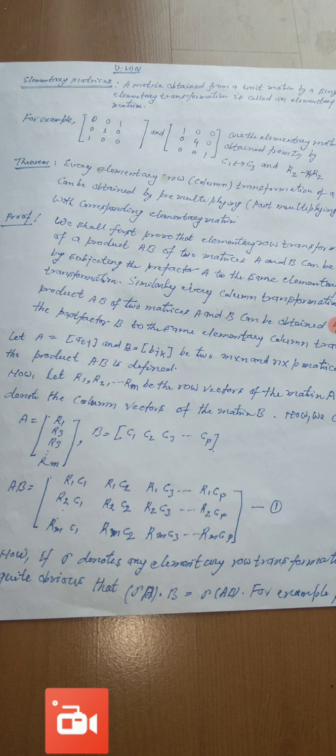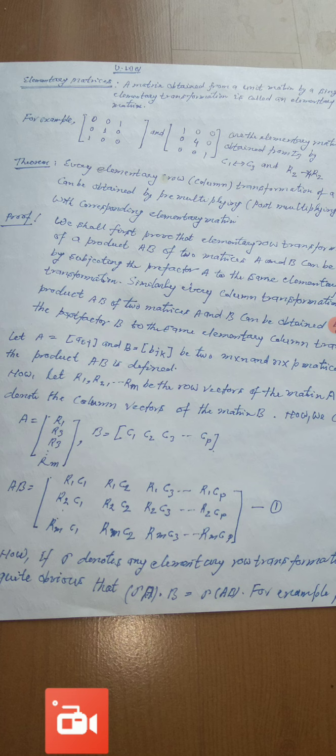We consider now two matrices A equal to Aij and B equal to Bjk, of orders M cross N and N cross P, so that the product AB is defined, meaning the product is possible.